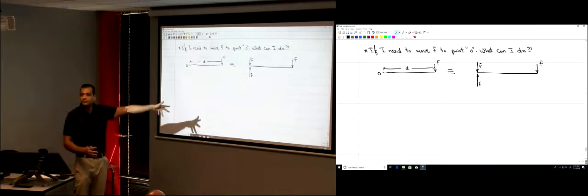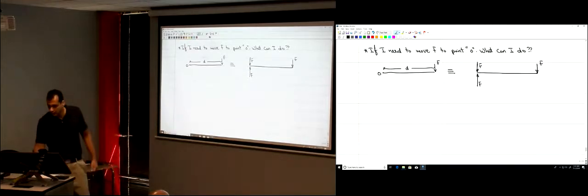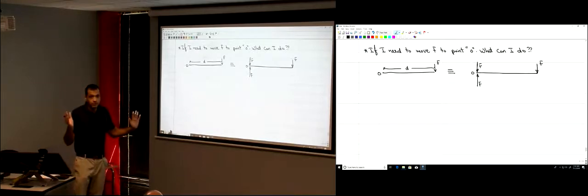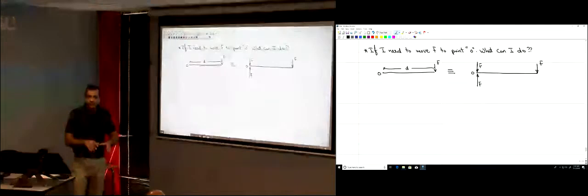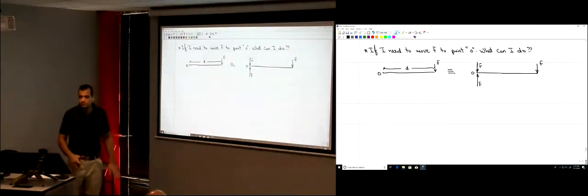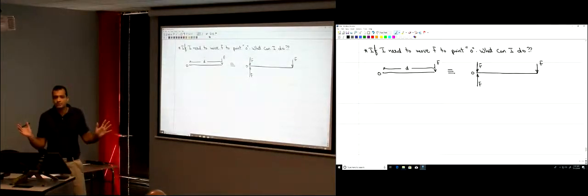Adding 3 and negative 3. I didn't add anything. I added two forces, equal in magnitude and opposite in direction, applied at the same point. So how much did I put? Zero. I didn't put anything.